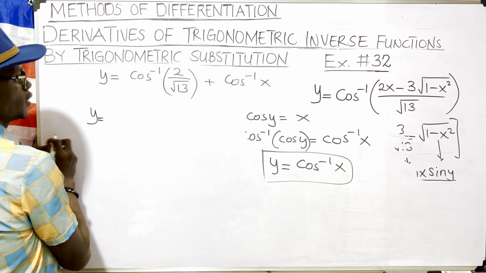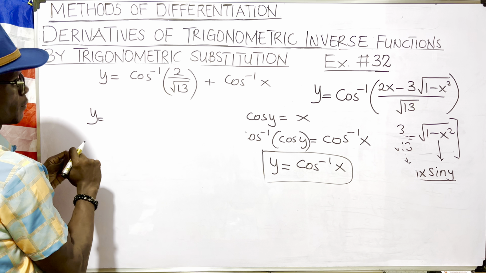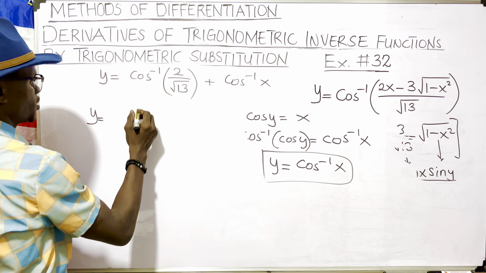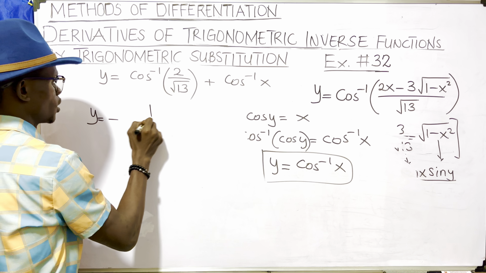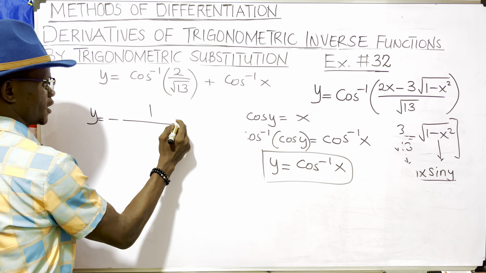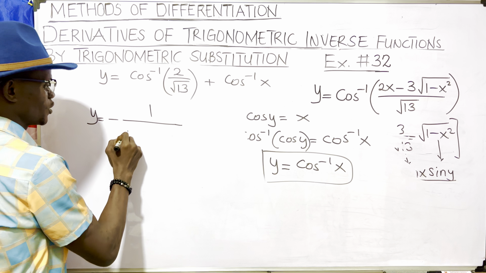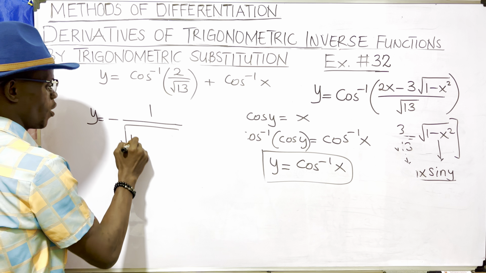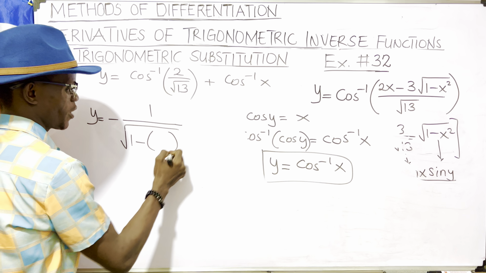So y now equals, what do we have? The derivative of this expression is minus 1 over the square root of 1 minus x squared. Now, what is x?